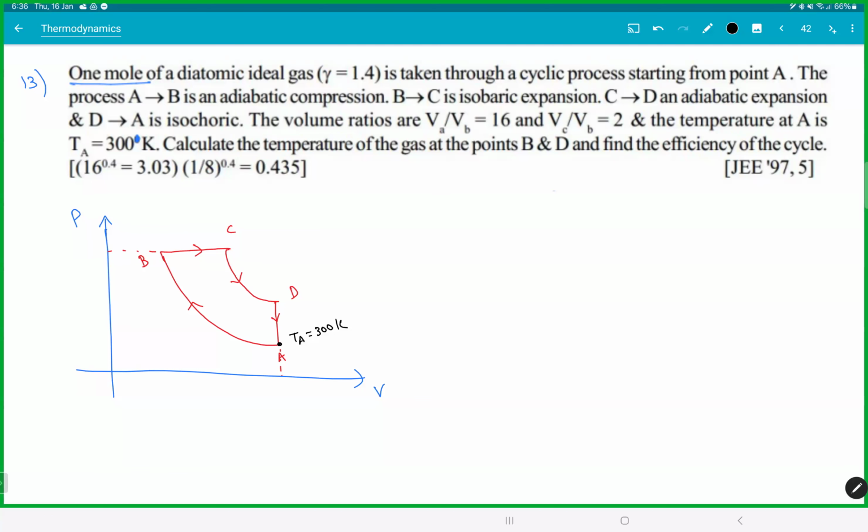Did you get the temperature? There, if you see, there are some values, 16 power 0.4, 1 by 8.4, you have to use them. 909.